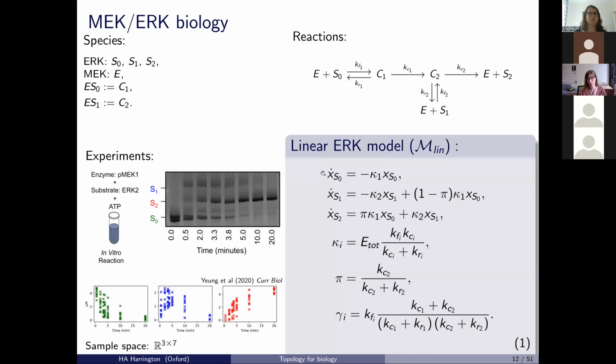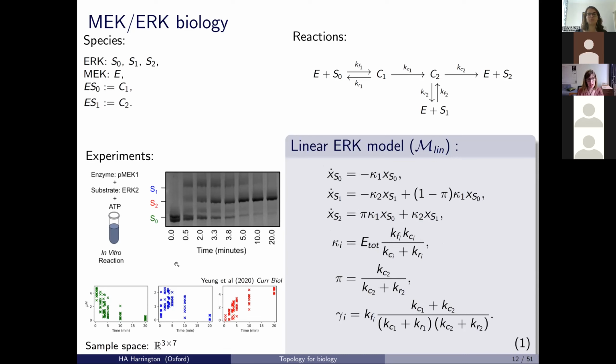So now we have a system of three reactions, three ODEs, and the biologists are very interested in this pi parameter. I didn't choose the names, the experimental groups did. But in particular, they care about the value of pi in this system of equations.